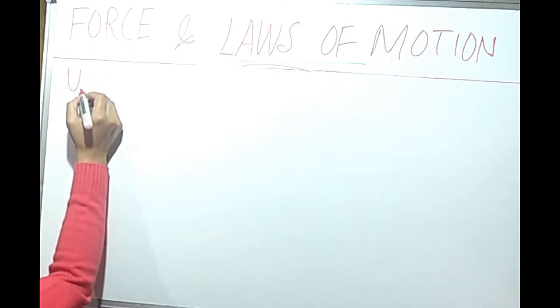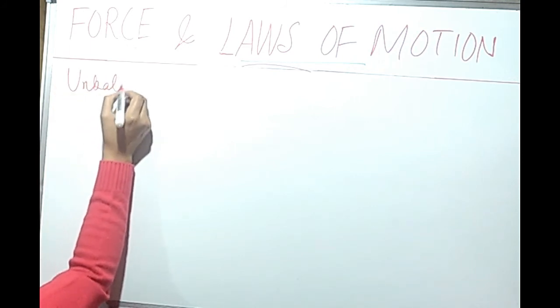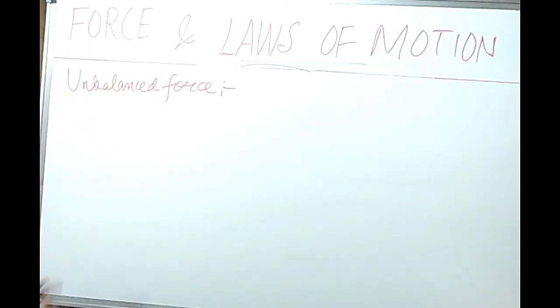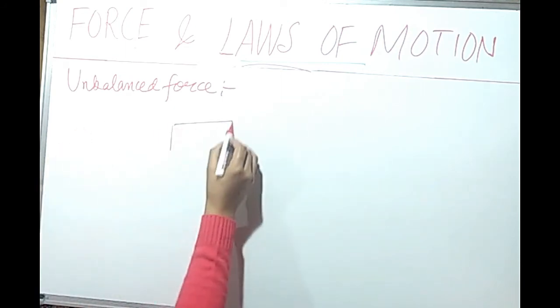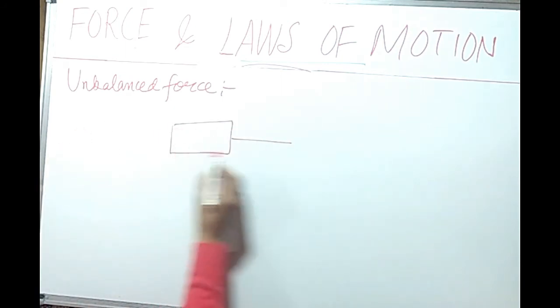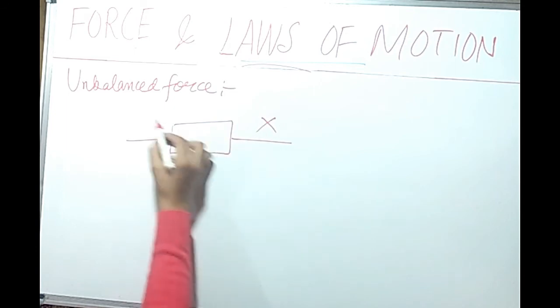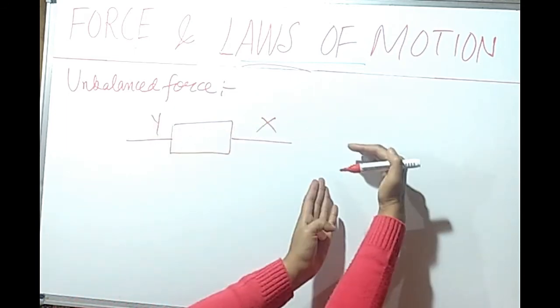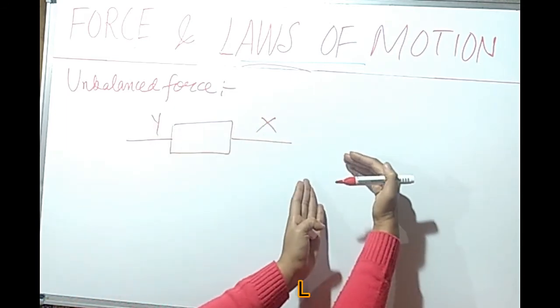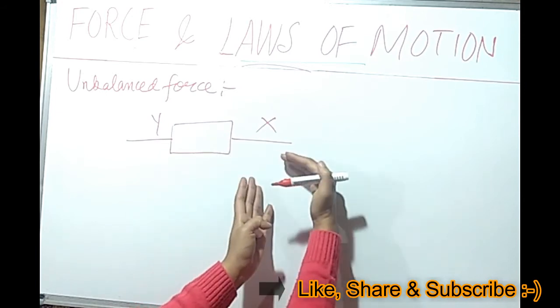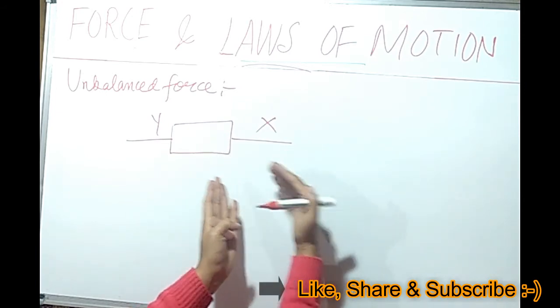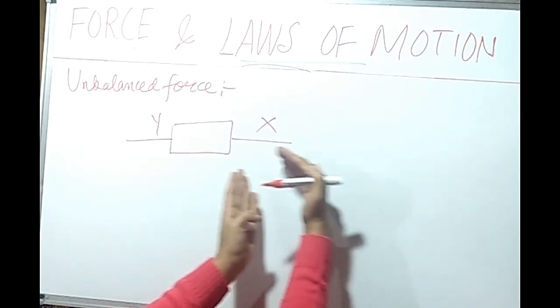Next is unbalanced force. We have already discussed that there is a wooden block, string X and string Y. When we apply greater force in one direction, the block will move in that direction. That applied force is the unbalanced force. That means motion is occurring, the object has come in motion.